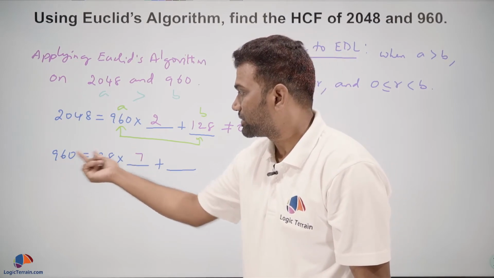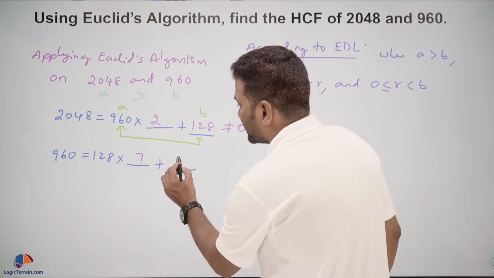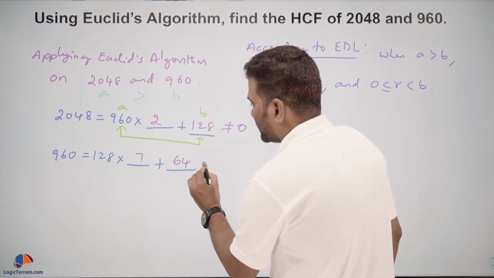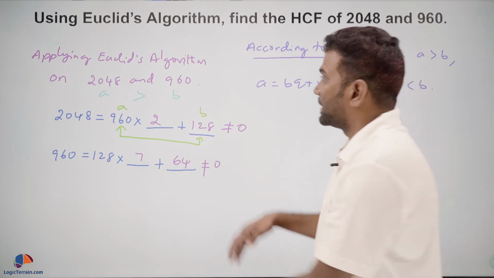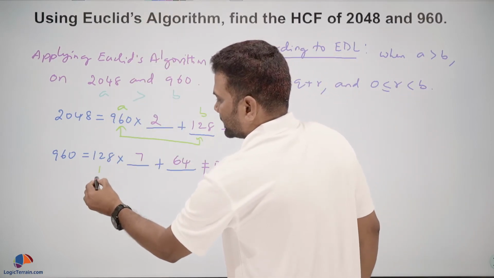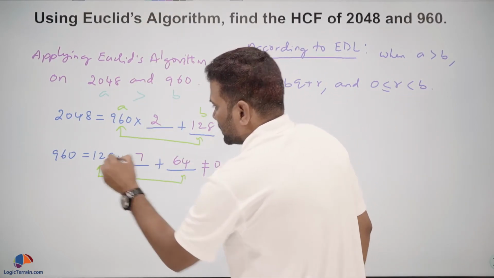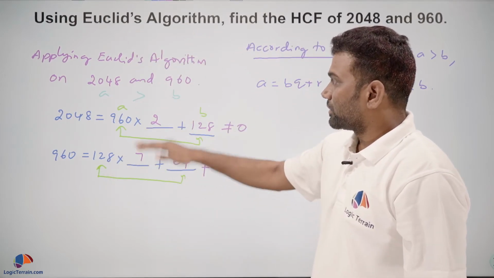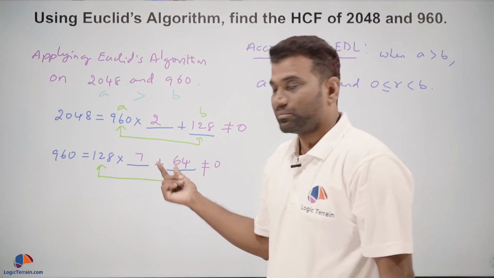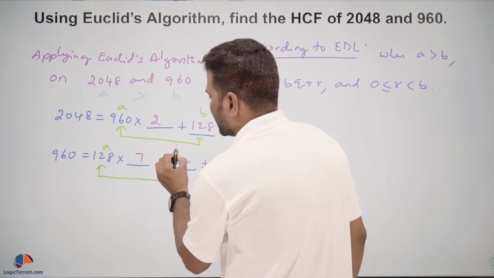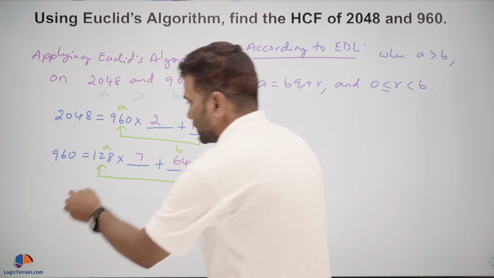So 960 minus 896, we get 64, which is not equal to 0 again. Again the process will continue. Now Euclid's algorithm applies on these two numbers. Here this is A and this is B now.